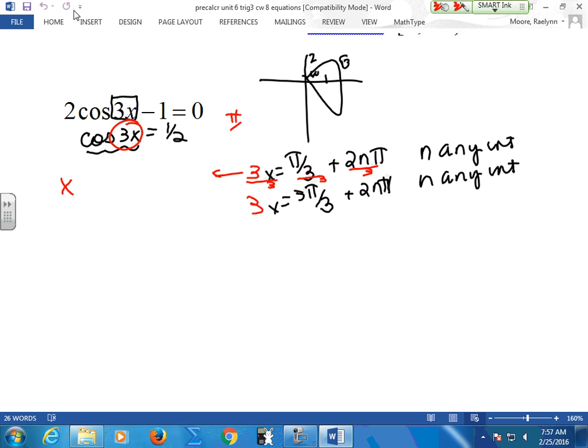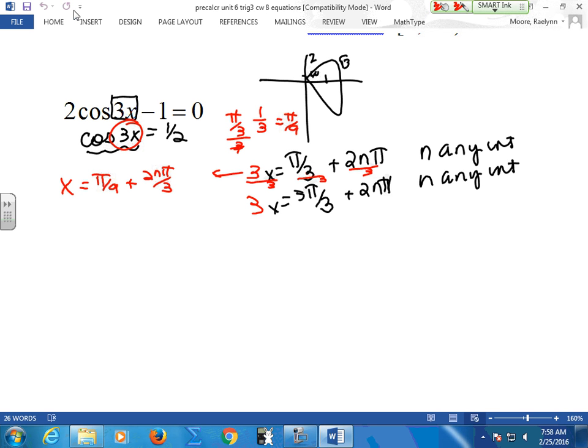This, pi over 3, divided by 3 over 1, keep change flip, says pi over 9. With me? Divide this guy by 3, and keep the same, n is any integer. So my pi over 3 went to pi over 9.